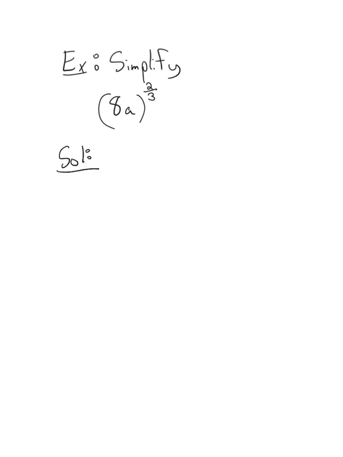So this 8a to the 2/3 is the same as 8 to the 2/3 times a to the 2/3. Remember, when you have two numbers to the same exponent, you can just take each of those numbers to that exponent, which is what we did here.